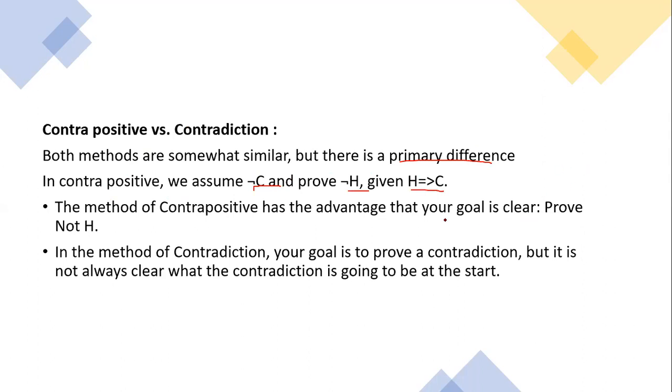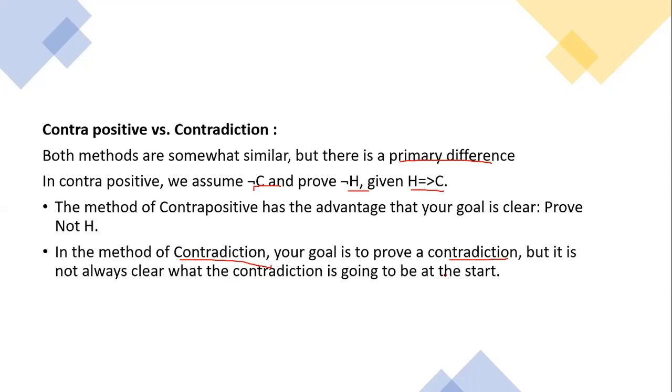But in the case of contradiction, it is somewhat confusing. Our goal is to prove the contradiction, the opposite way only. But it is not always clear what the contradiction is going to be at the start. At the start, we are not clear where it is going.